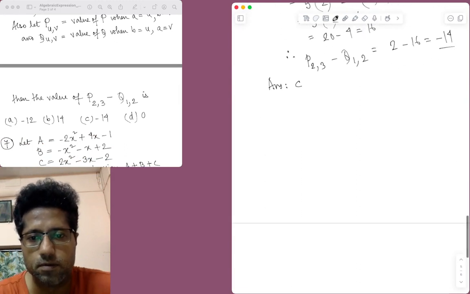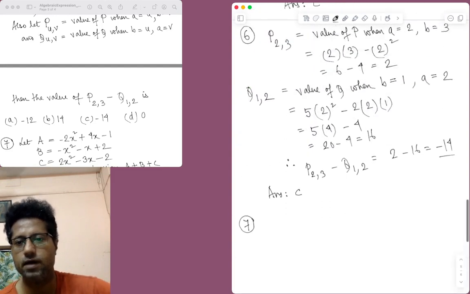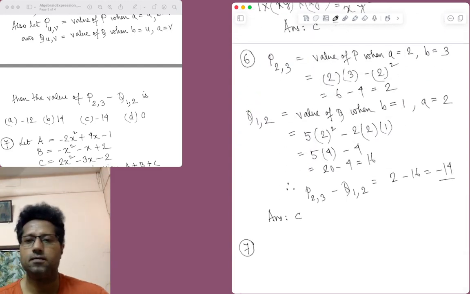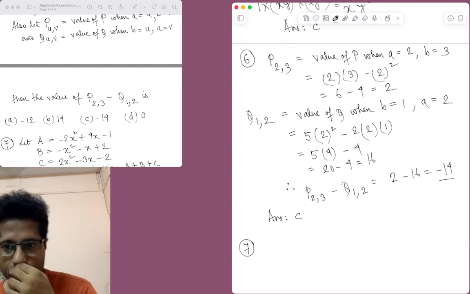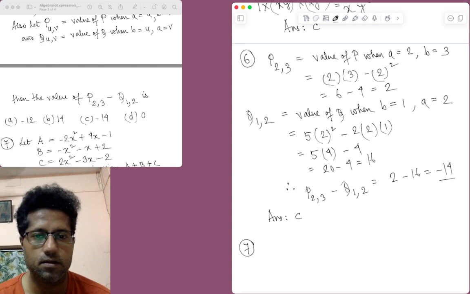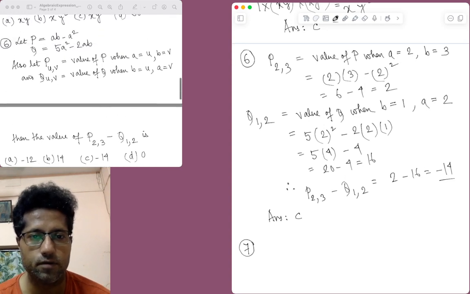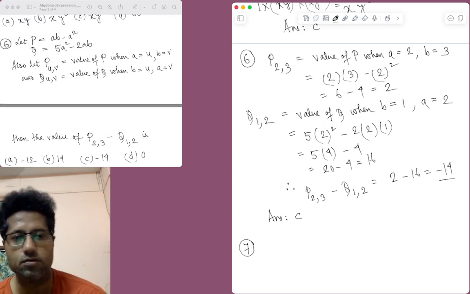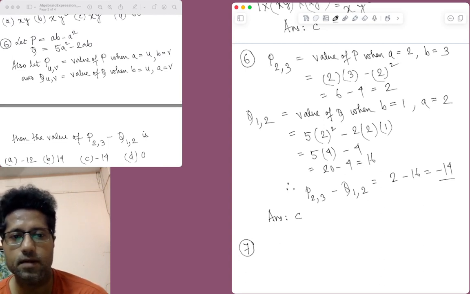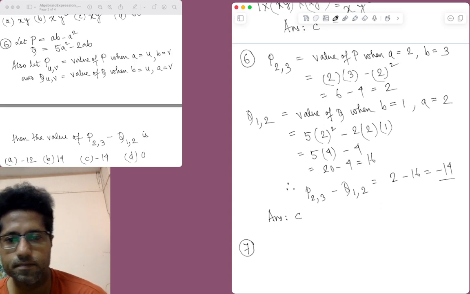Let's do problem number 7. This question was based on evaluating a given expression by substituting values for the variables in the expression. Just that there was a new kind of notation described, where p(u, v) is the value of p when a equals u and b equals v.